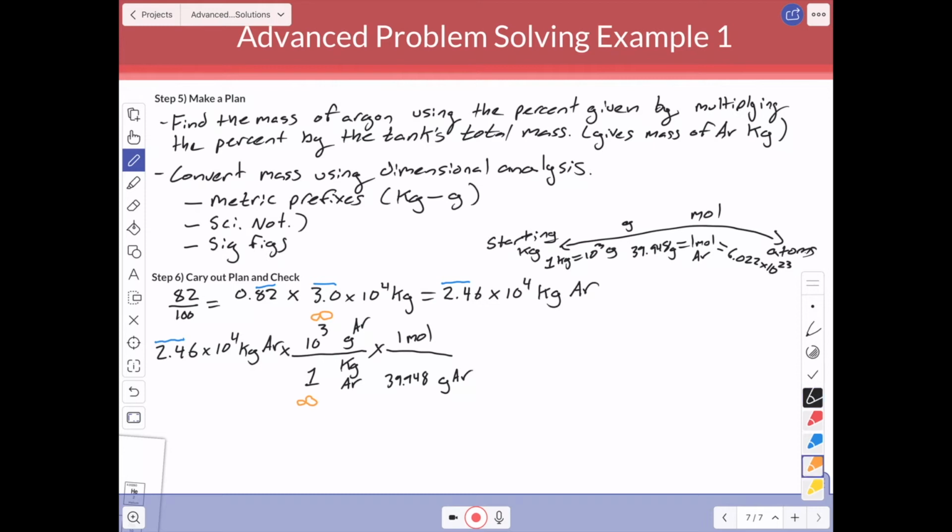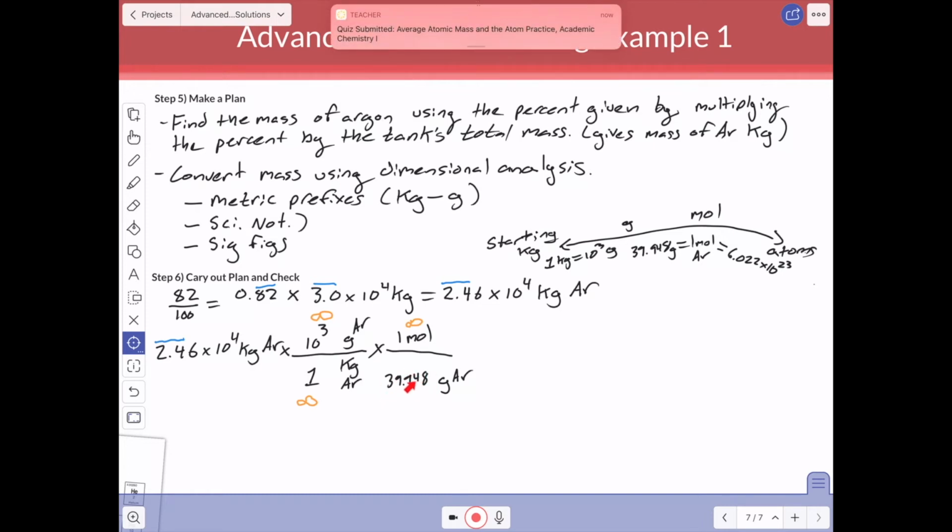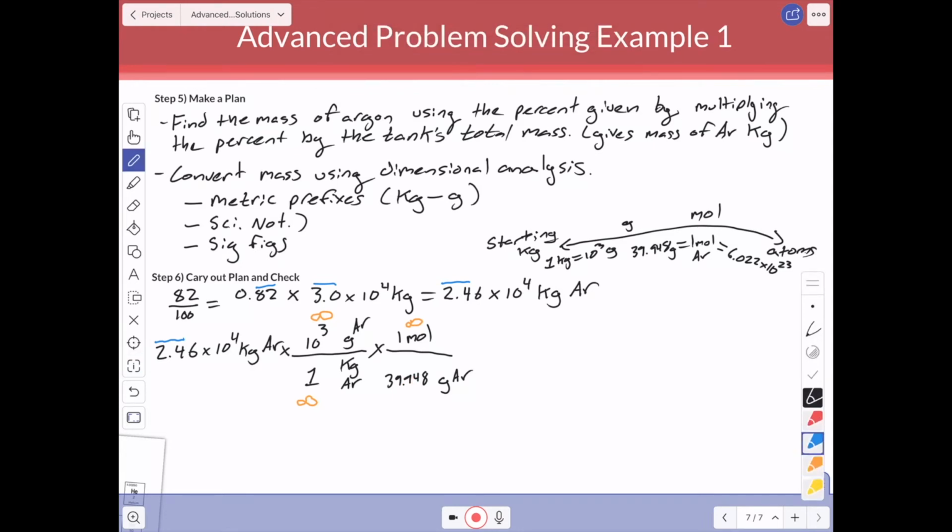So this mole here is a counting number. It's an infinite number of significant digits. This number down here was gotten in AMUs. It was determined by scientists doing calculations. That is not infinite. Okay? So it always has significant digits.